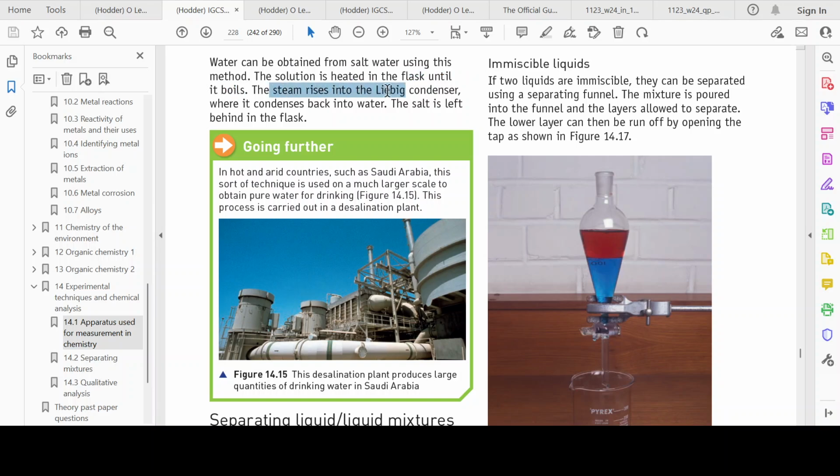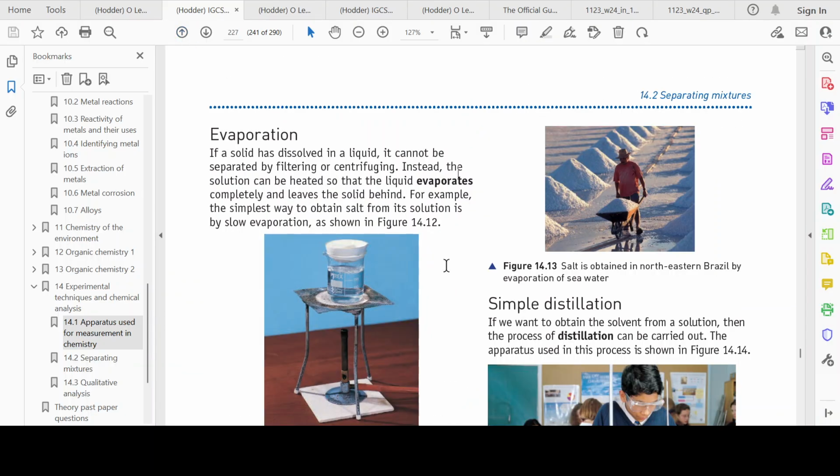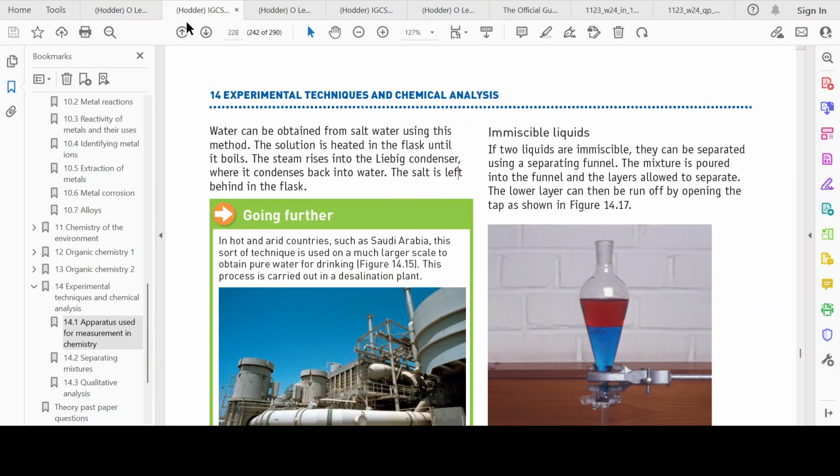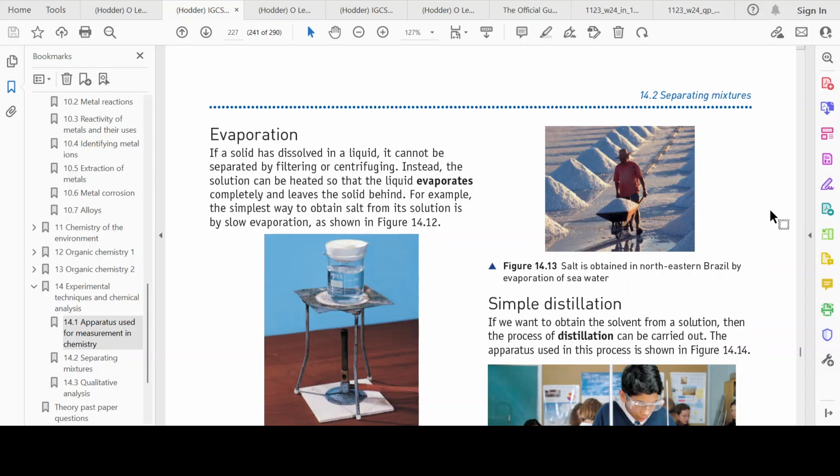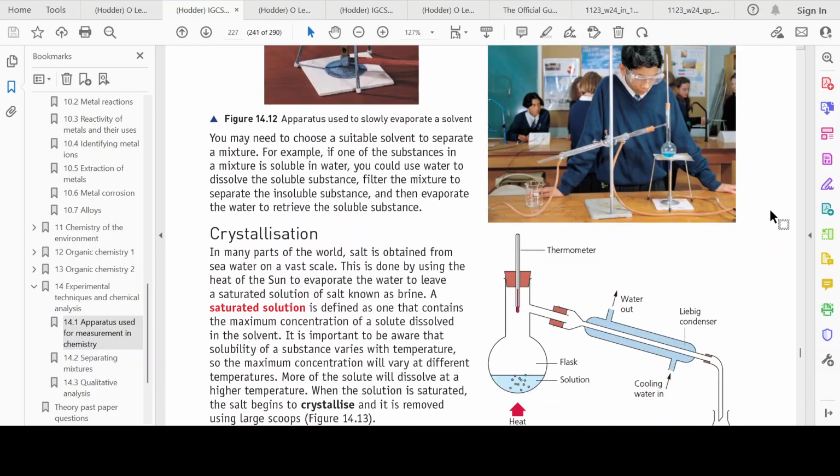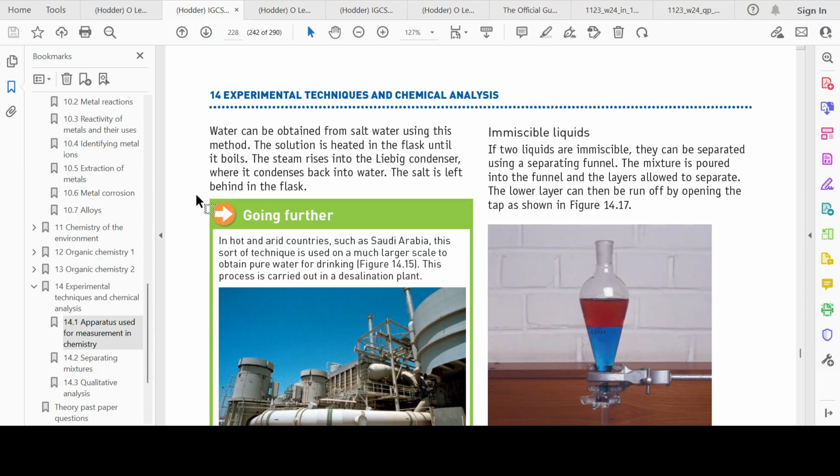The steam rises into the Liebig condenser, that's what it's called, this thing over here. This thing here is called the Liebig condenser. Where it condenses back to water, the salt is left behind in the flask.